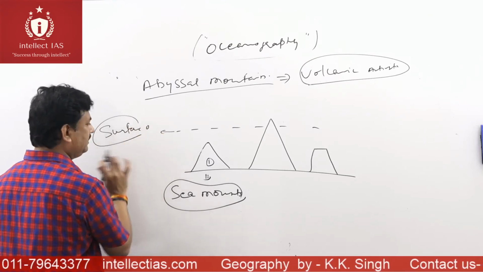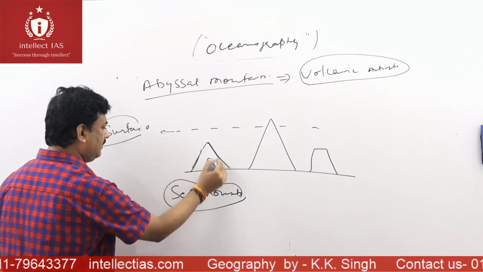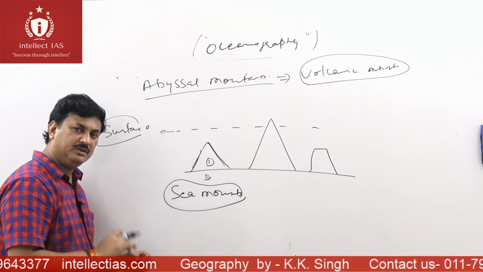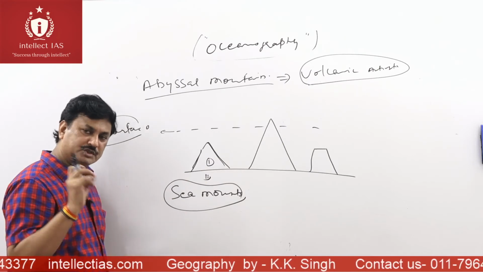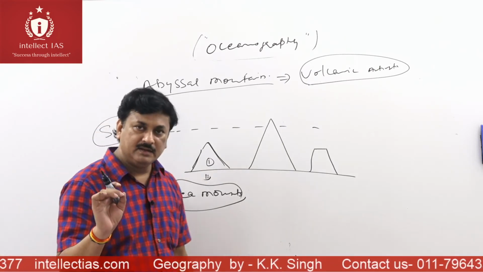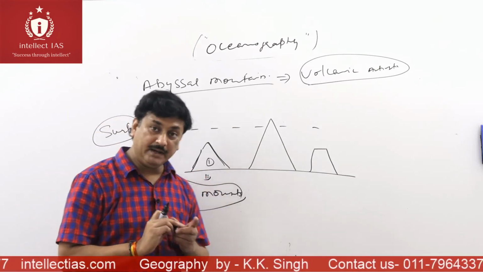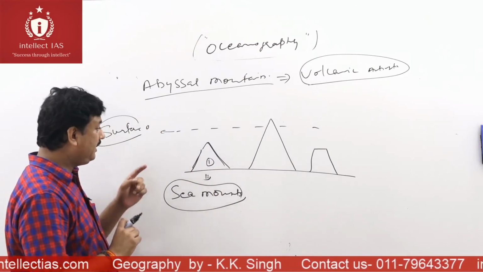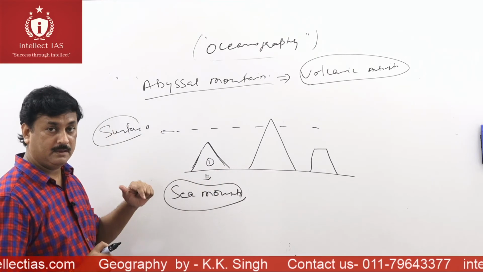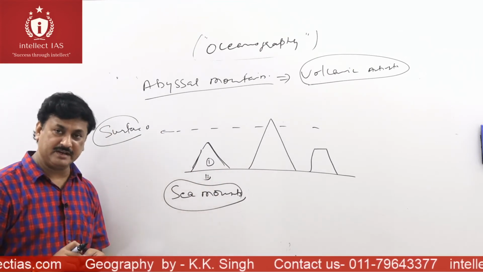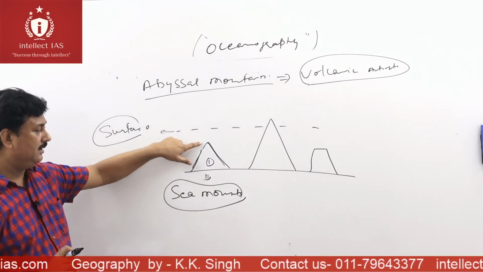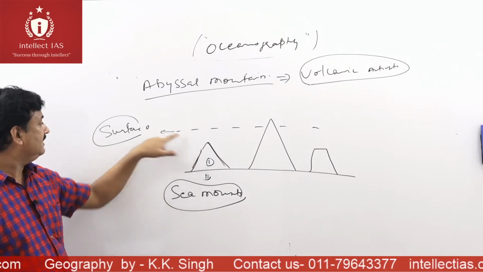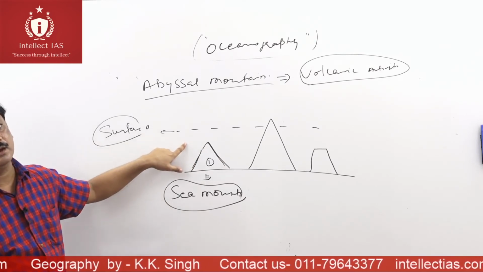So, seamounts are those mountains found on the floor of ocean whose top is pointed, side is steep, but the top of the mountain does not reach the surface of ocean.